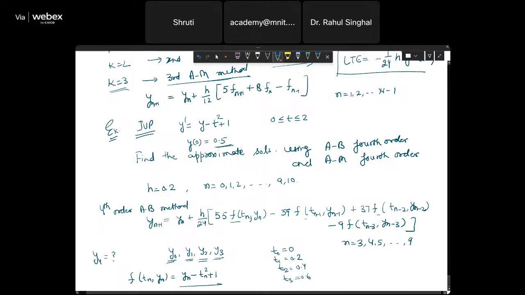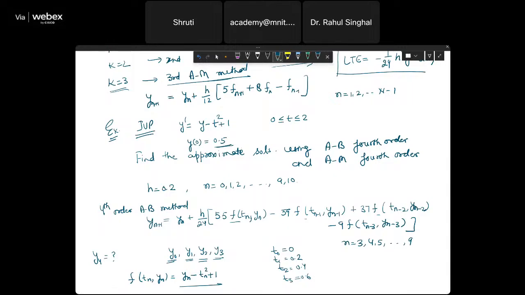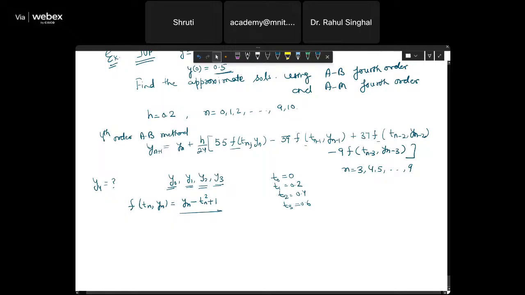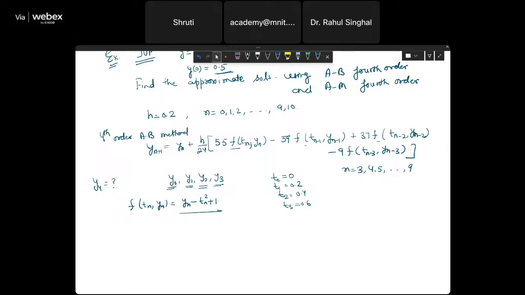Using this, f will be calculated at the different steps tn, t(n-1) and t(n-2). Once you do this, we substitute everything into the formula and start computing the approximate solution at the fourth step, fifth step, etc. You can list all these approximate solutions in a table and calculate the error by taking the difference with the exact solution at these time steps.